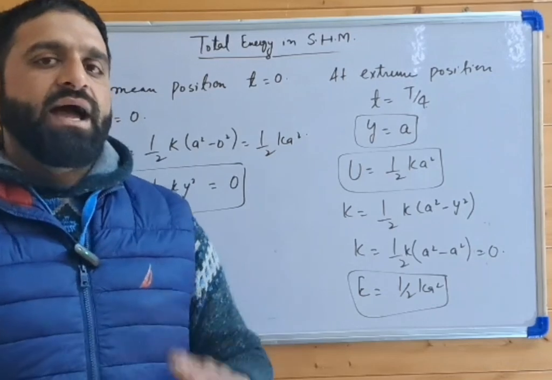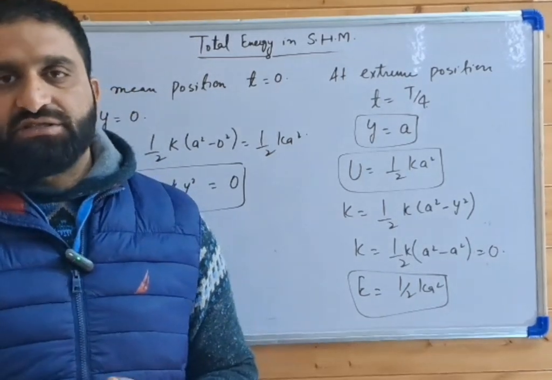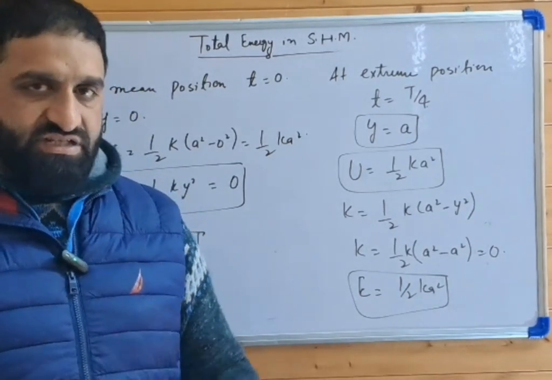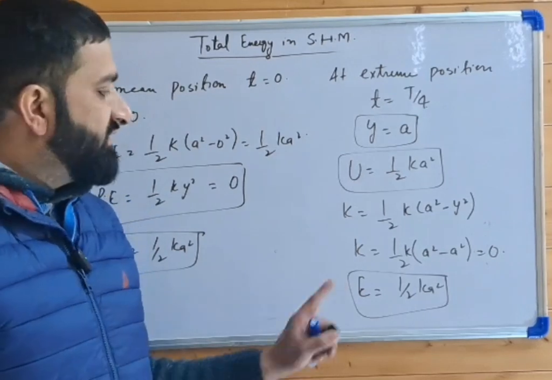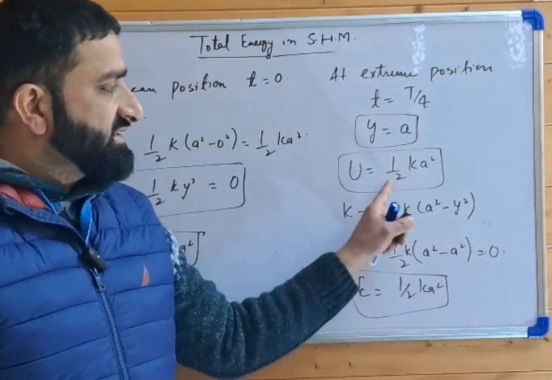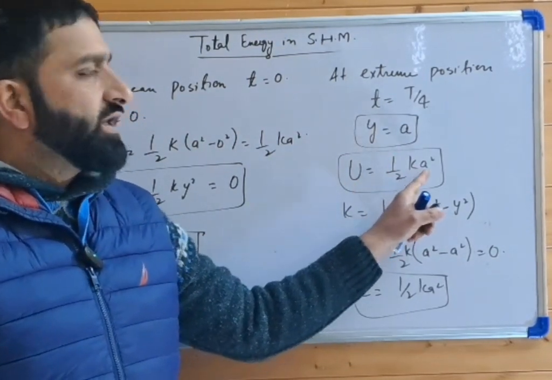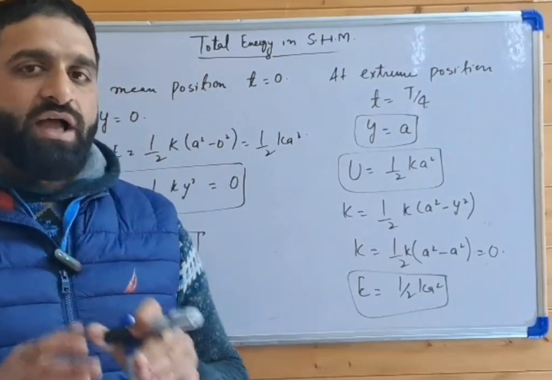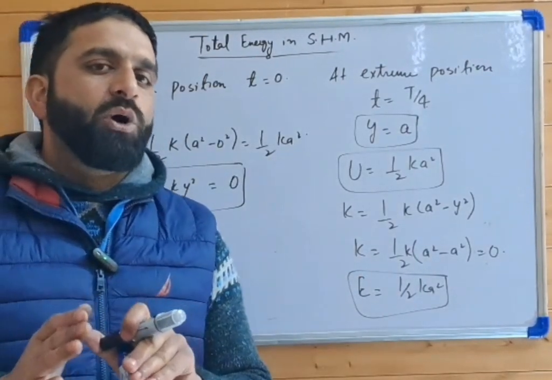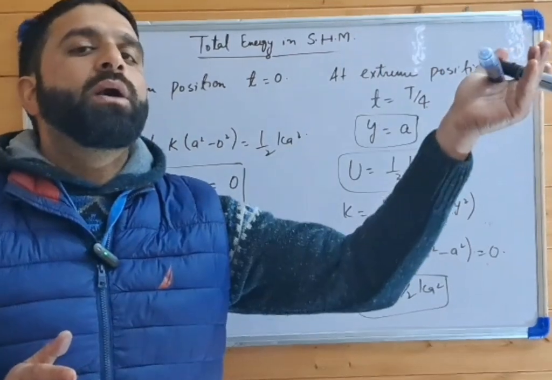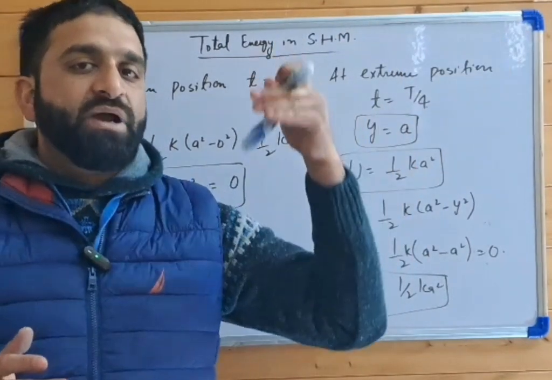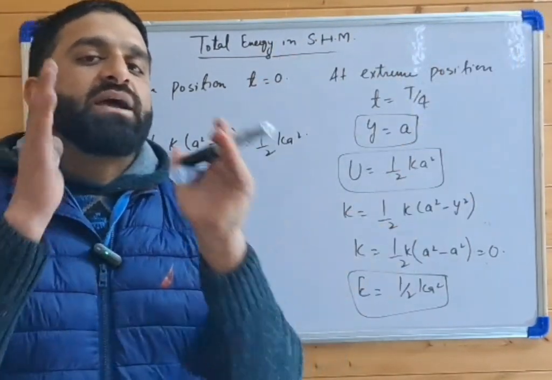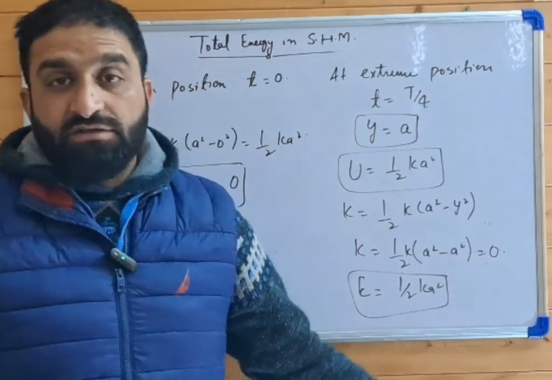So at the extreme position of the oscillations, the total energy is in the form of potential energy, that is 1 by 2 K A square. The kinetic energy is equal to 0. That tells us why the body doesn't go beyond that extreme position, because at that extreme position the kinetic energy of the body is equal to 0.